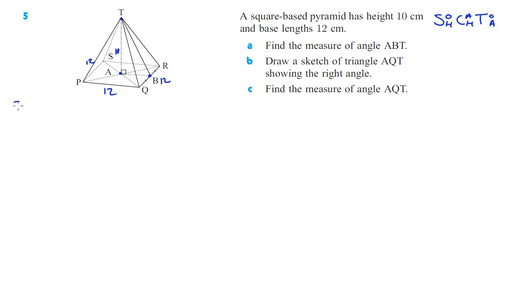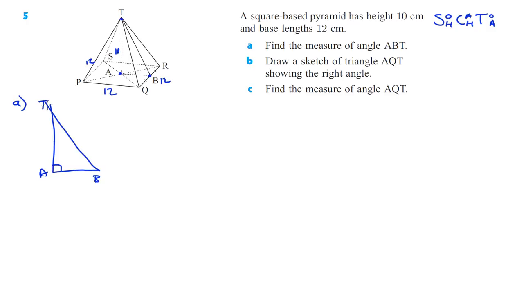So let's redraw that. So here's T at the top. Drops straight down to A and goes over to B, right? So there's our right angle.